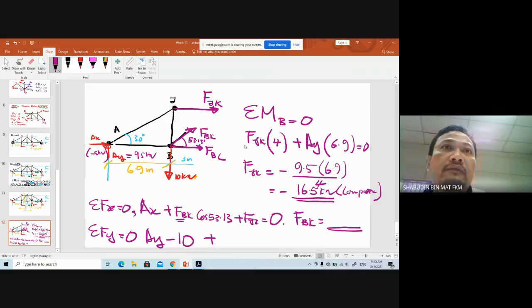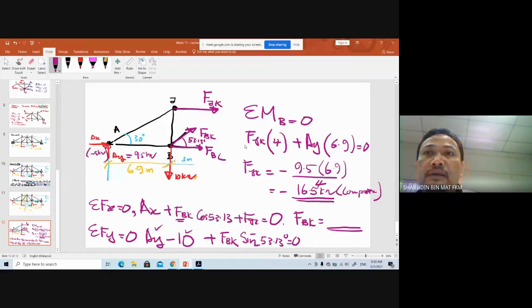Force AY plus minus 10 plus FBK sine 53.13 that equal to 0, and then you will get the FBK first.